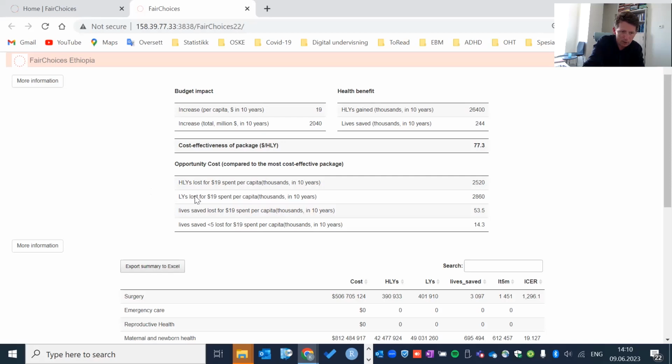So this is the cost of adding equity concerns in your priorities and in the benefit package. So that means you will lose 2.5 million healthy life years in 10 years if you invest $19 in the benefit package you have.